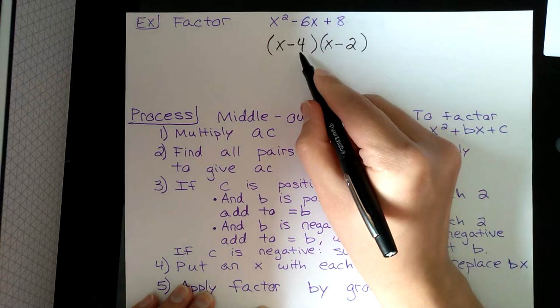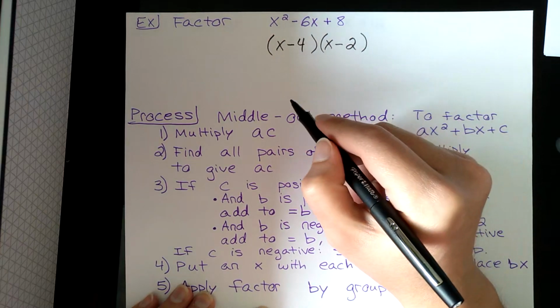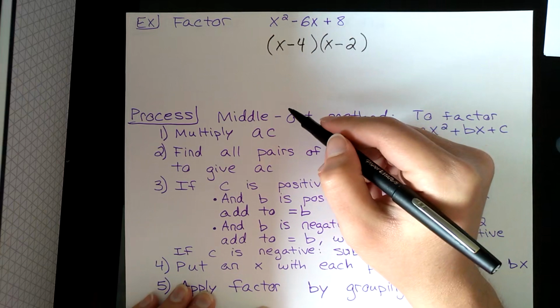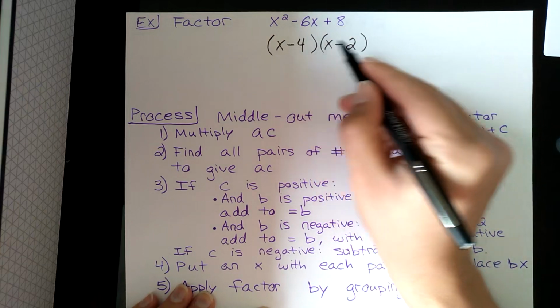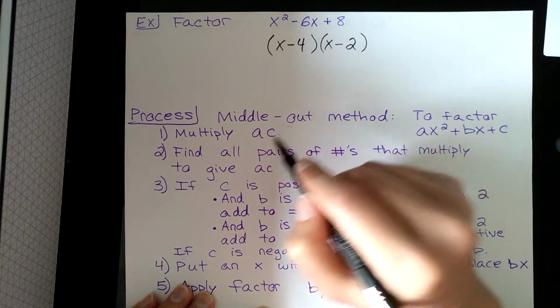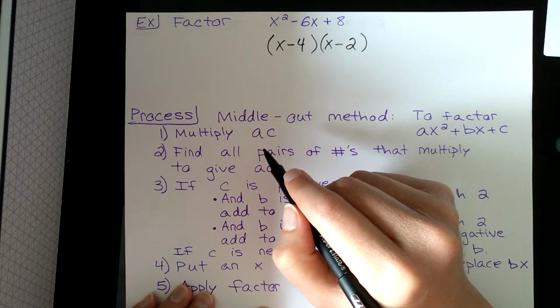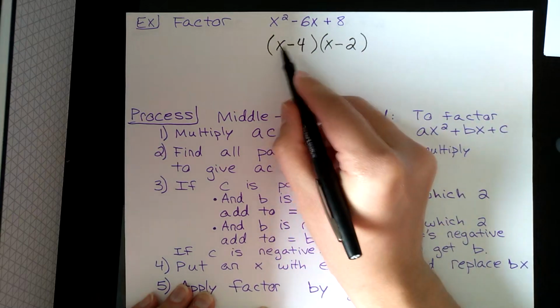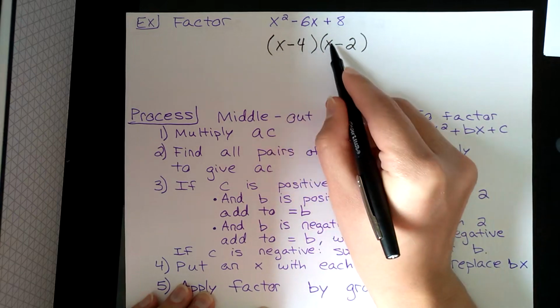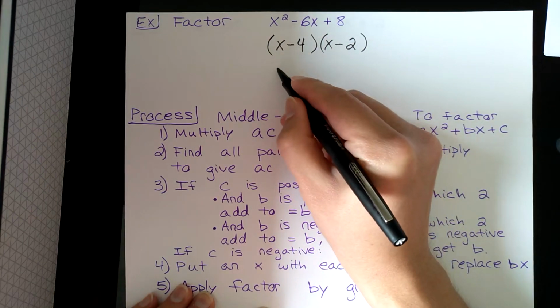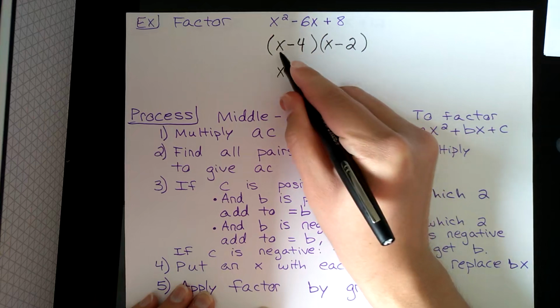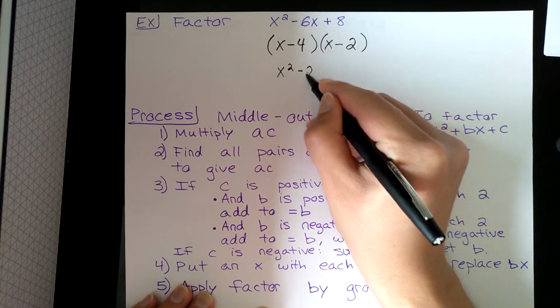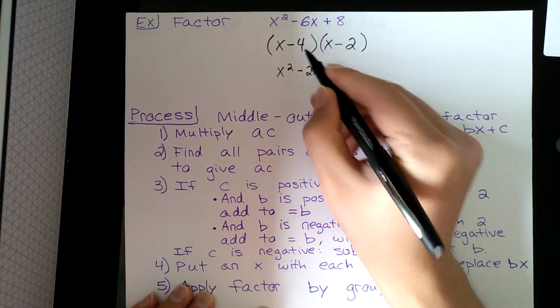And it is perfectly okay to put them in either order. I know that's a common question that comes up with this. X minus 2 times x minus 4 would have been perfectly okay as well. Now we just want to check that this works out. If we distribute these, we'd get x times x is x squared. X times negative 2 is minus 2x.